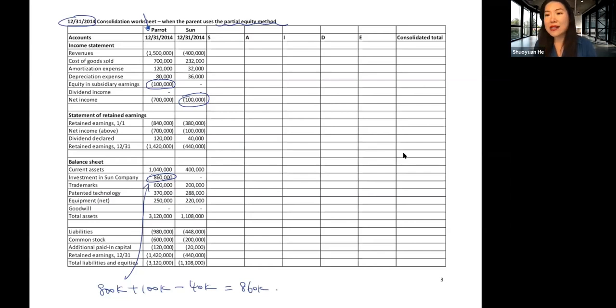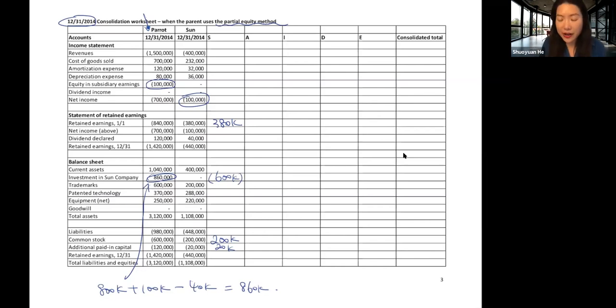Okay, so let's look at consolidation entry S. We use S to eliminate the subsidiary's shareholders' equity accounts. So we debit 200,000 common stock, 20,000 additional paid-in capital, and 380,000 beginning retained earnings. And accordingly, we decrease our investment account by 600,000.